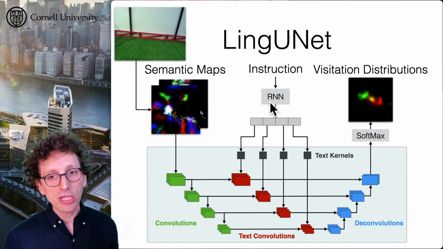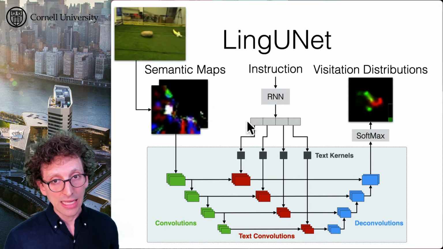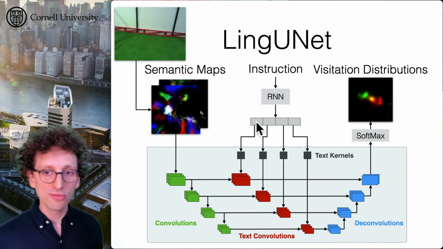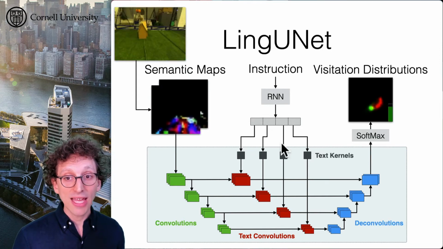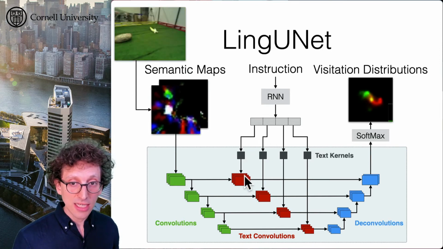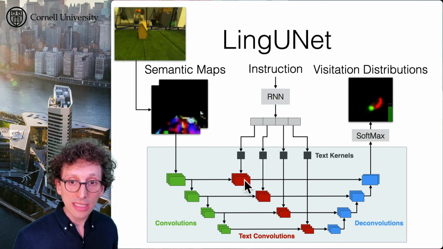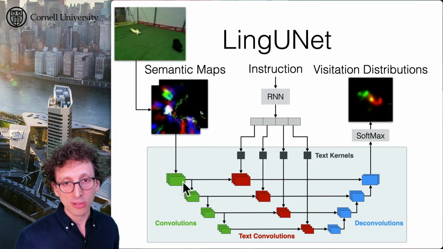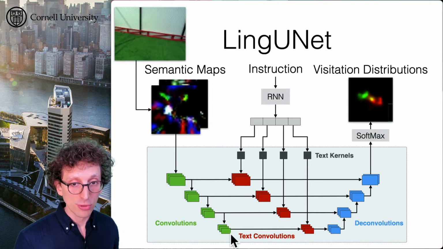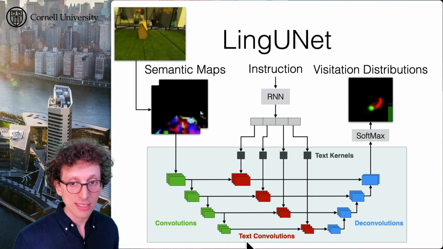It takes the instruction, and given an RNN computed representation of the instruction, it creates a number of text kernels. Each of these text kernels is used for one of the levels in the LingoNet hierarchy, and it's used to convolve over these computed feature maps.